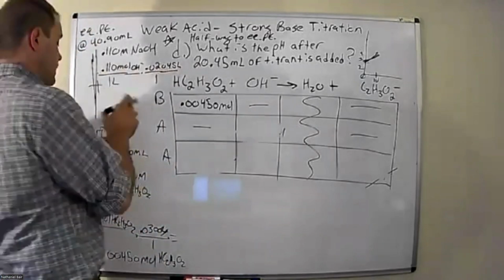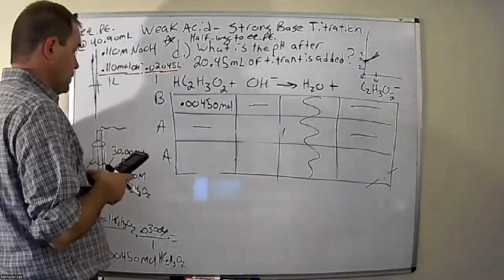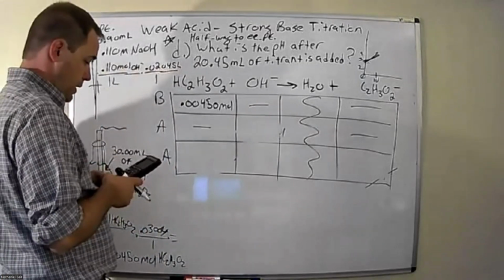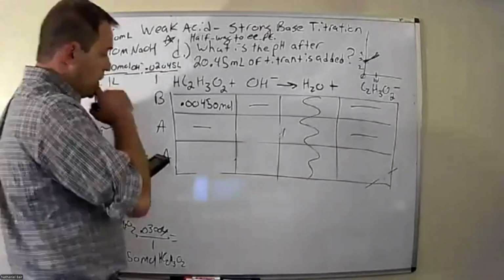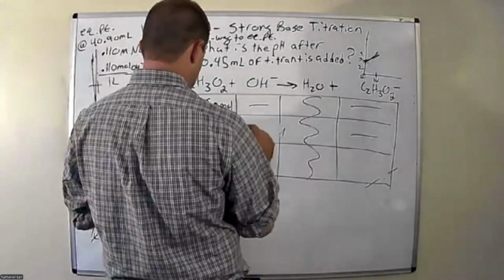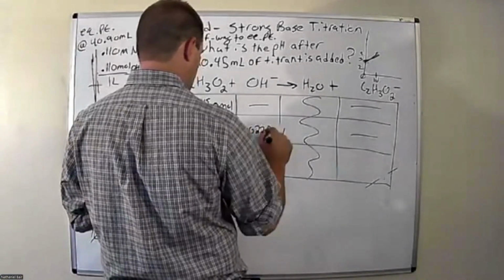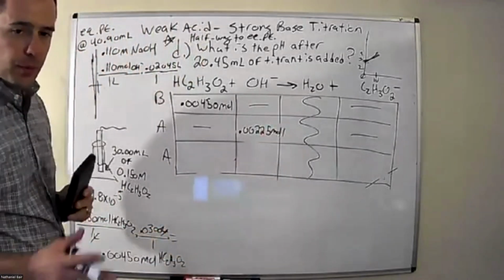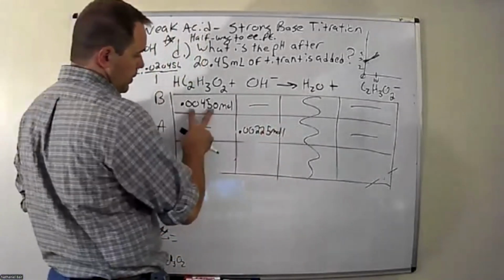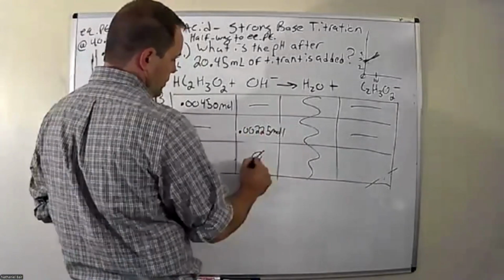So if we take the concentration of the titrant, 0.110, times the volume we're adding, 0.02045, we are adding 0.00225 moles of hydroxide. Now you're going to see here in a moment what makes this so interesting. We have more than enough acid to cover it, so no hydroxide left.